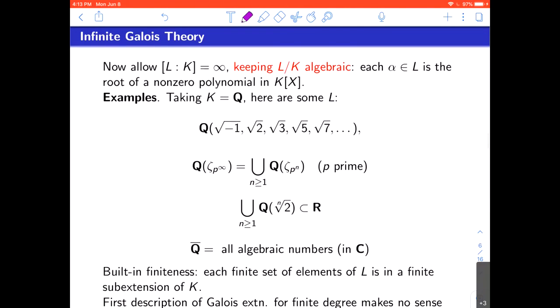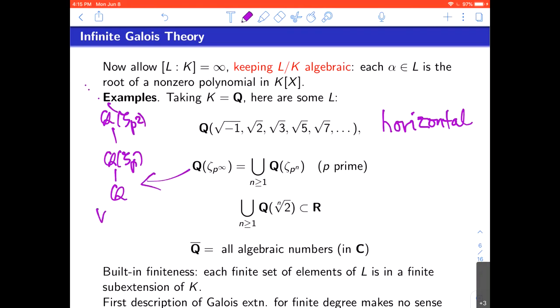People tend to visualize this as maybe being like horizontal, because the different quadratic extensions are sitting there all in a row. While the next example, the p-th power cyclotomic extension, well, that's more of a vertical type of thing. So that might be a vertical infinite extension, so to speak.